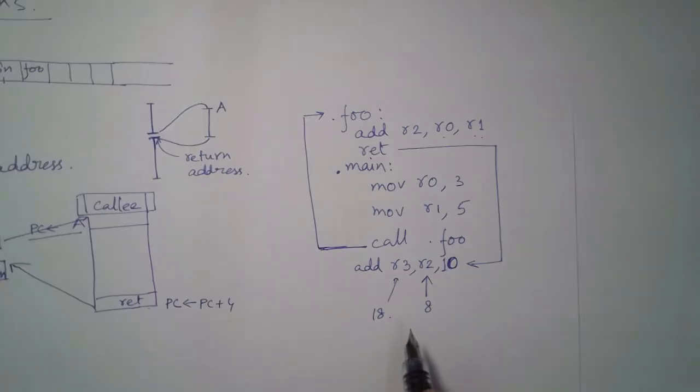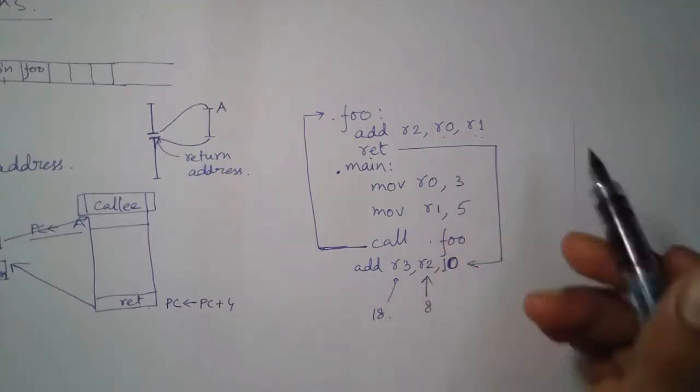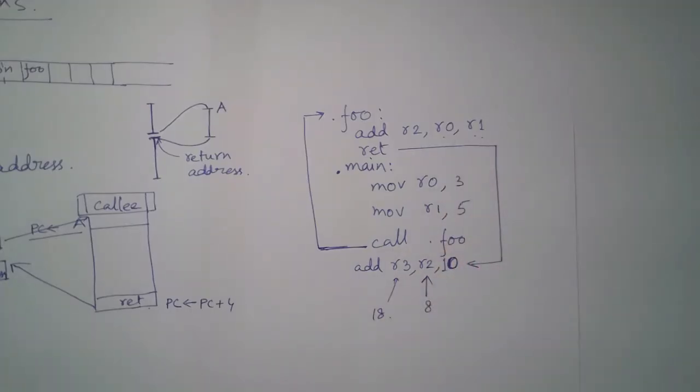You might want to write programs where many more arguments need to be passed. In that scenario we will not be able to pass more than 16 arguments, because you have only 16 registers.